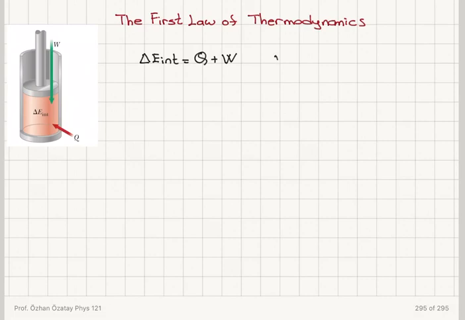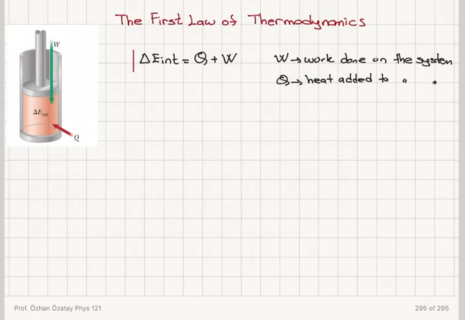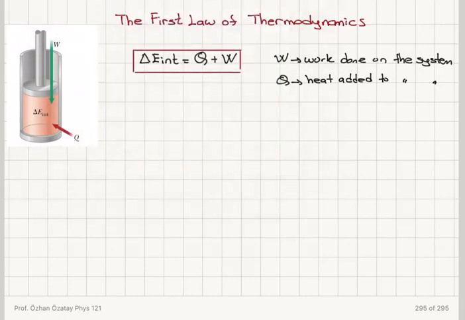So this W is work done on the system, and Q is heat added to the system. This is a very fundamental result of thermodynamics, and it has many applications. So we're going to see a few examples of this.